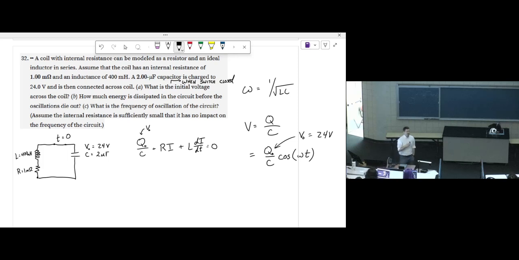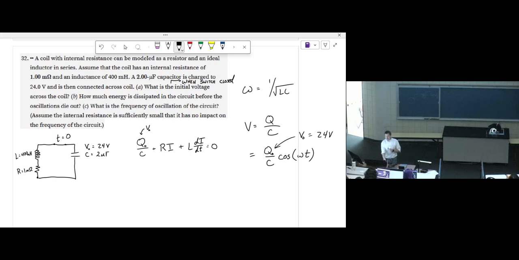So what's the voltage across the inductor? Well, to answer that, we have to ask ourselves, when you close the switch, presently, what is the current going through the resistor?